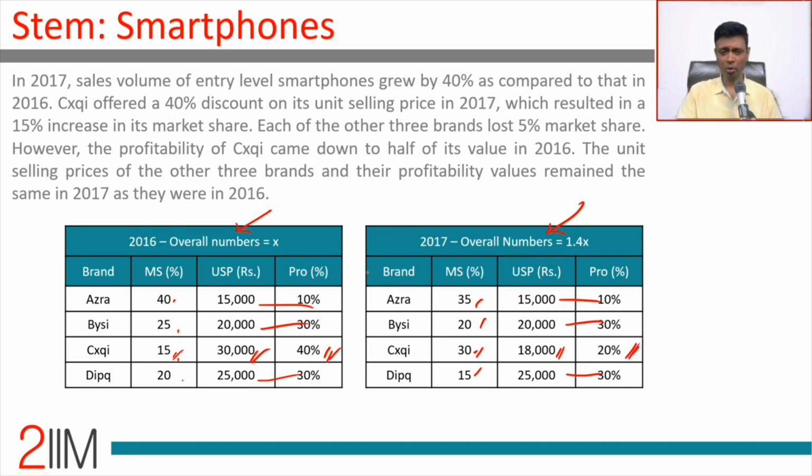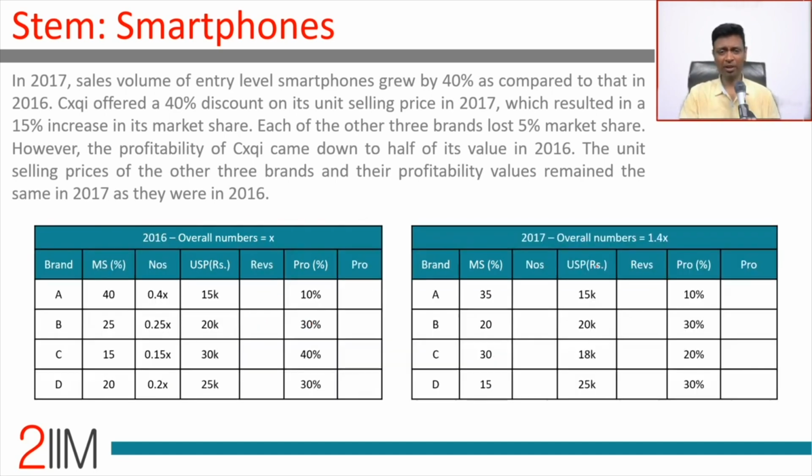Wonderful. Now we know that market share numbers are based on overall number of units. And so this is 40% of X. There will be 35% of 1.4X. Remember that. So it's better if we can imagine actual numbers. This is X. This is 40% of X. 0.4X, 0.25X, 0.15X, 0.2X.